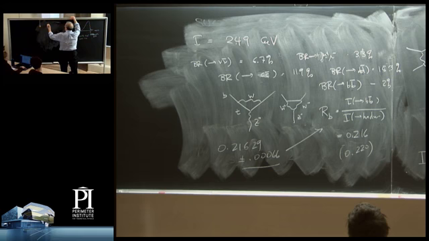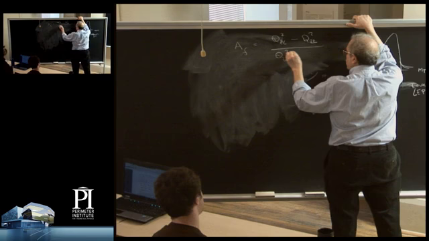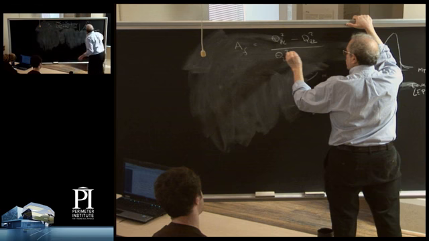I could compute the following quantity. A sub f is equal to the Q to left-handed particles minus the Q to right-handed particles squared divided by the sum. And this is predicted in the standard model for each species of quark and lepton.